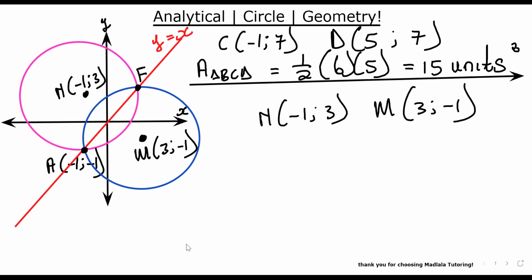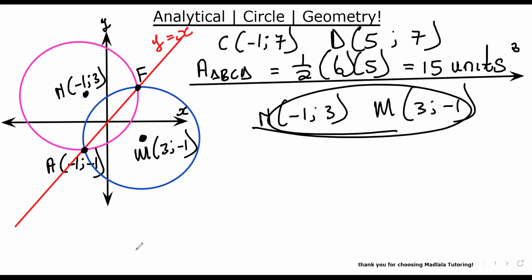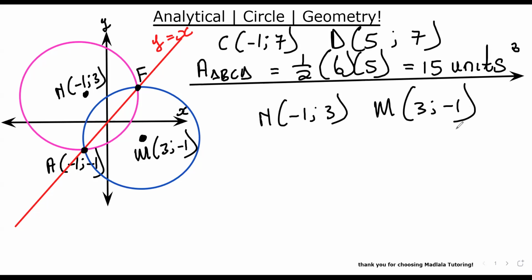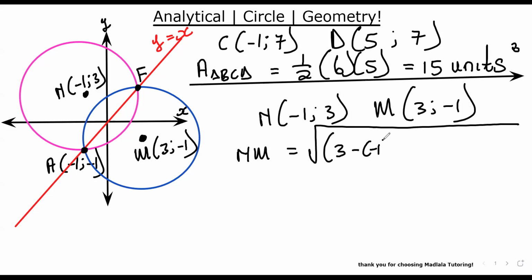Okay, fine. So what is the question looking for? Firstly, they said find the length of NM. Now you know how to find the length of NM, right? Because you'll just say NM is the square root of the x value at M minus x value at N, all squared, plus the y value at M minus the y value at N, all squared.